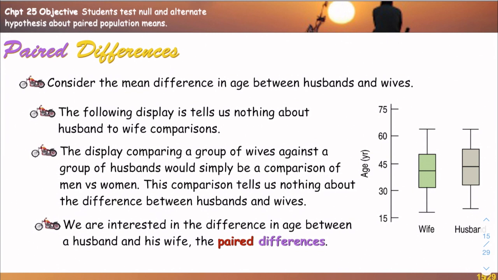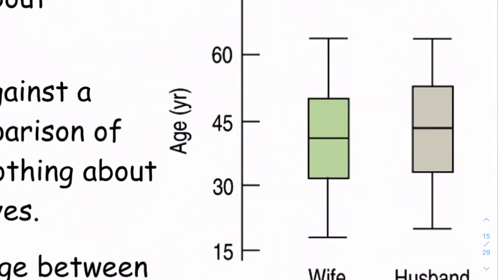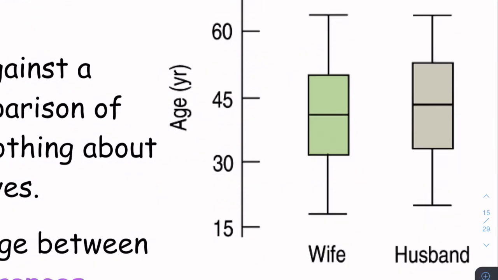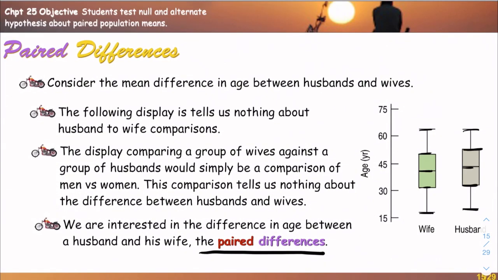But we are interested in the difference in age between a husband and his wife, so we're looking at the paired difference. So if we just look at this box plot overall, the average, the median, Q1, Q3, 1.5 IQRs of both the wives or the husbands, it's not really giving us much information outside of just men versus women and how old they are.